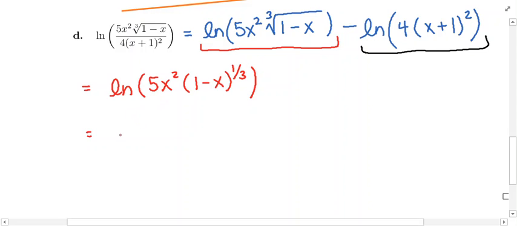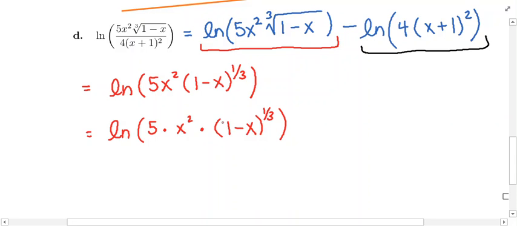This is the natural log of 5 times x squared times the quantity 1 minus x raised to the 1/3 power.